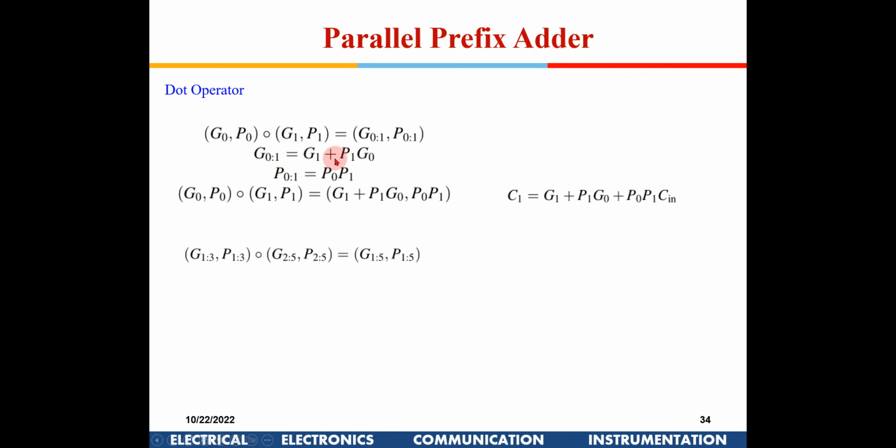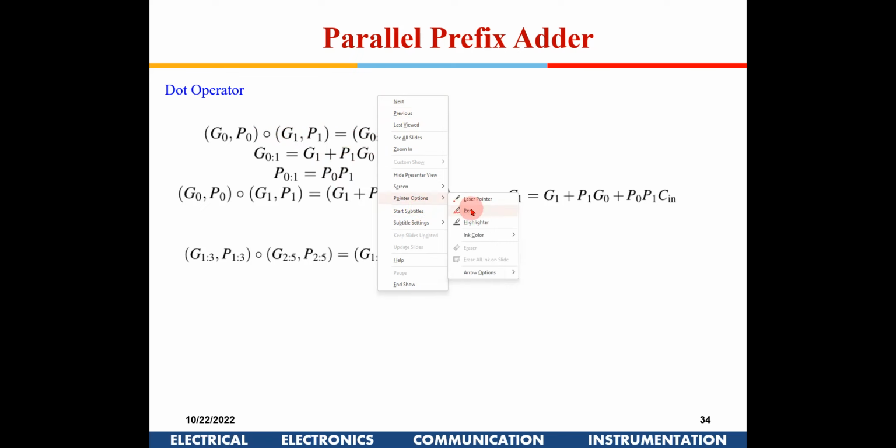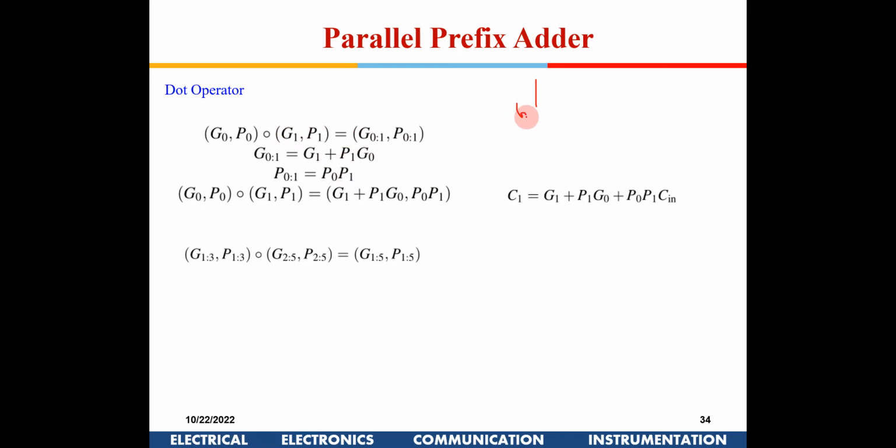So hardware wise, what is a dot operator? It will have one OR gate and one AND gate, and one more AND gate. It has two sets of inputs, G1 P1 and G0 P0.